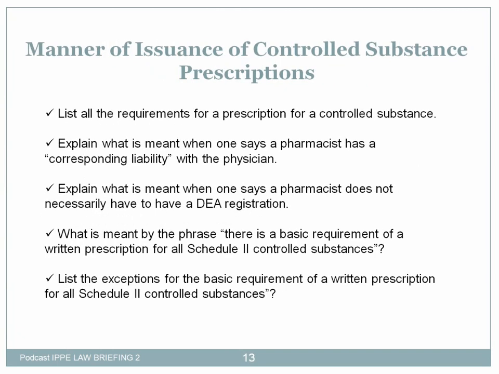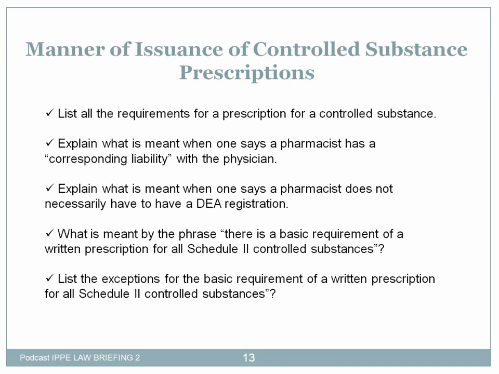Finally, manner of issuance of controlled substances prescriptions. This is in section 1306.05, and this tells us the requirements, the requisites, the formality of a prescription. All prescriptions for controlled substances shall be dated as of and signed on the day when issued.